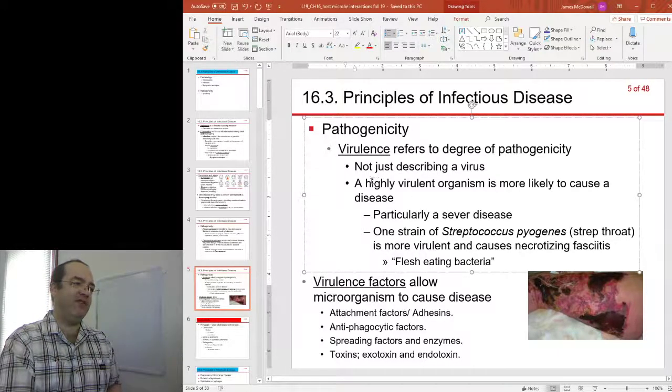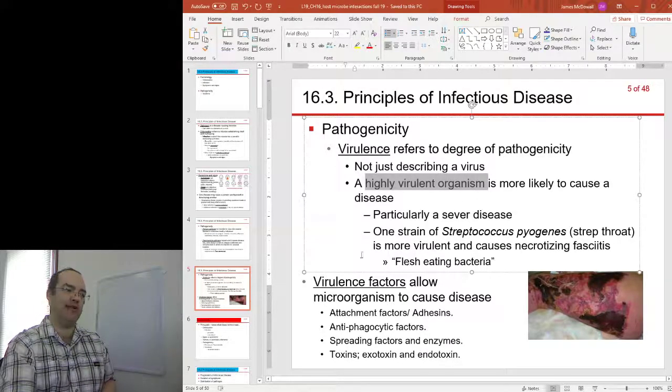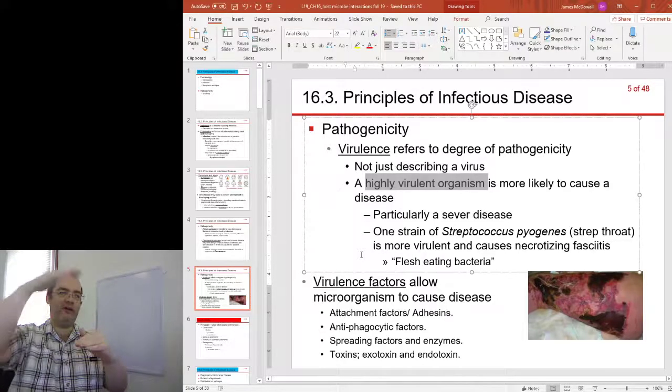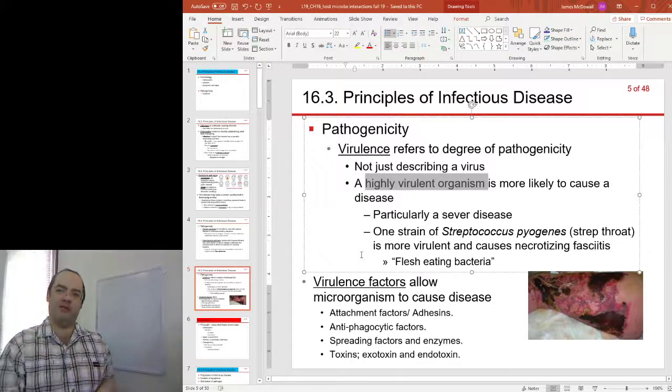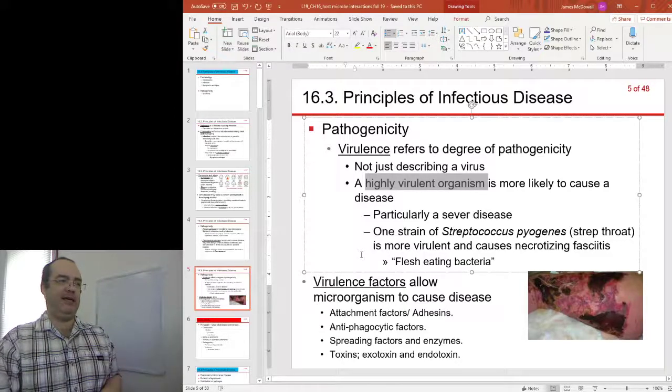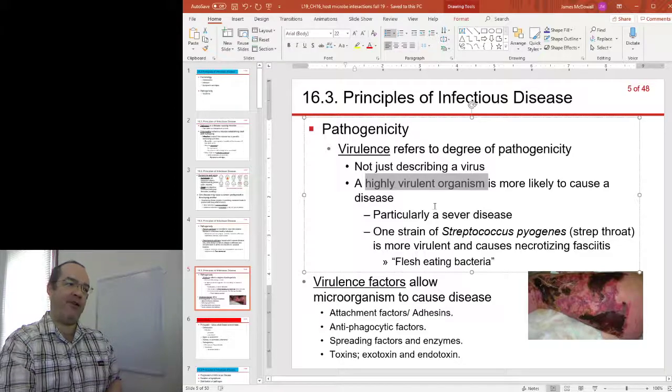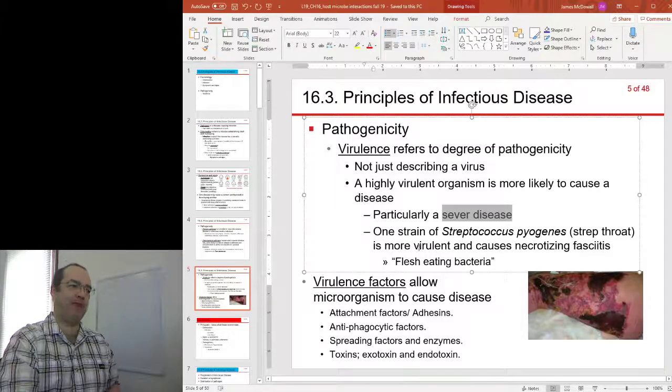So a highly virulent organism is more likely to cause a disease. The more the virulence, the worse the organism, at least in the case of causing a disease. A highly virulent organism is likely to cause a disease, and it's likely to be a more severe disease.